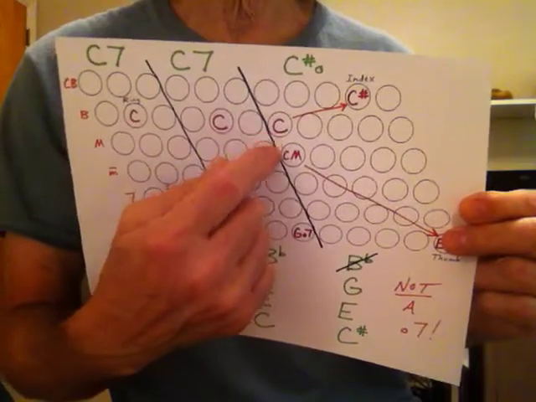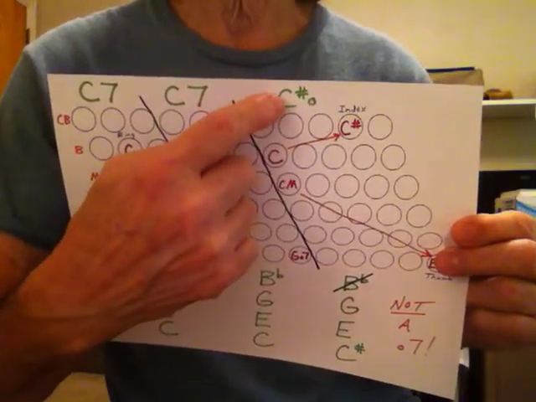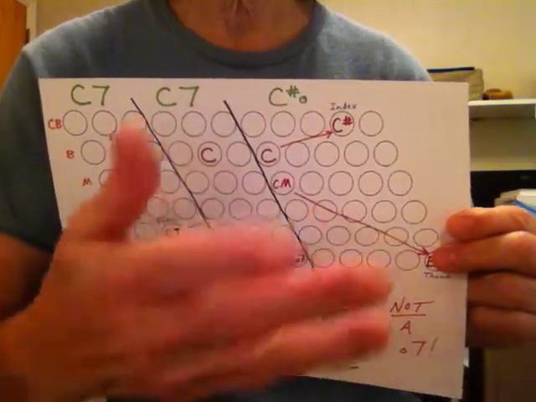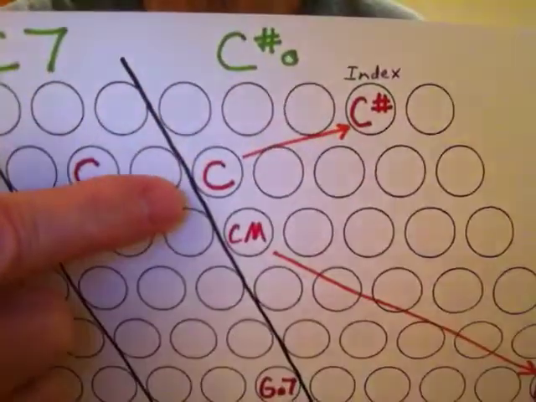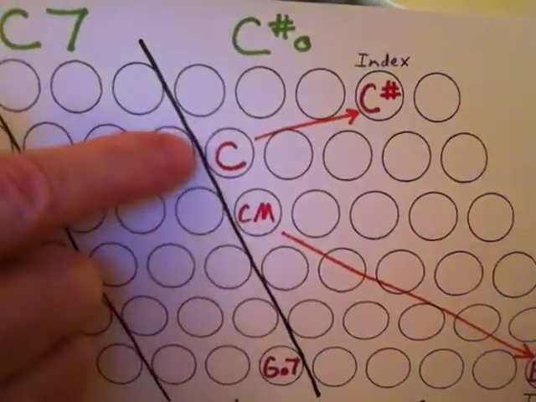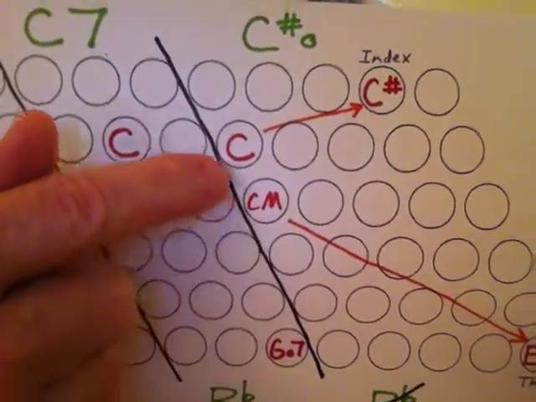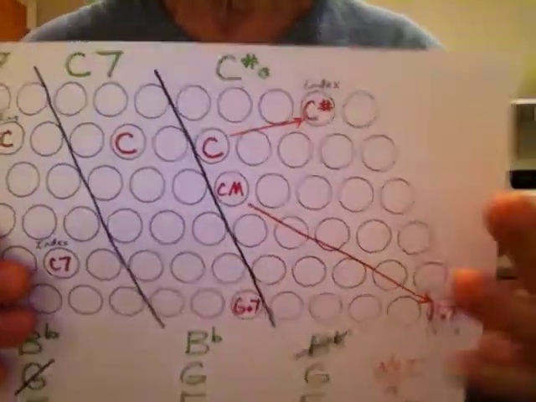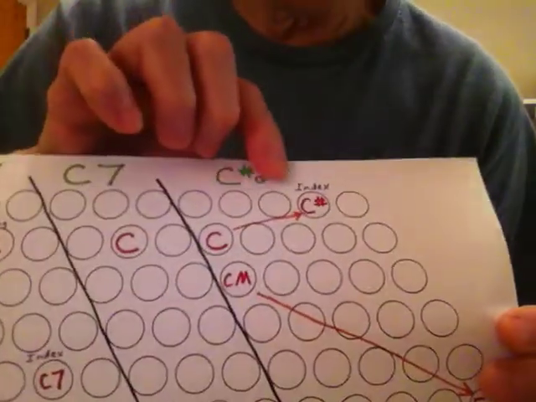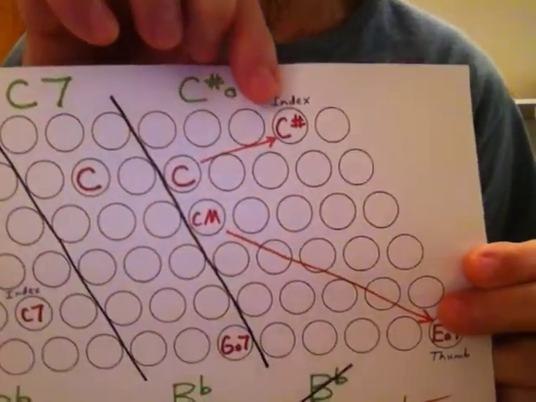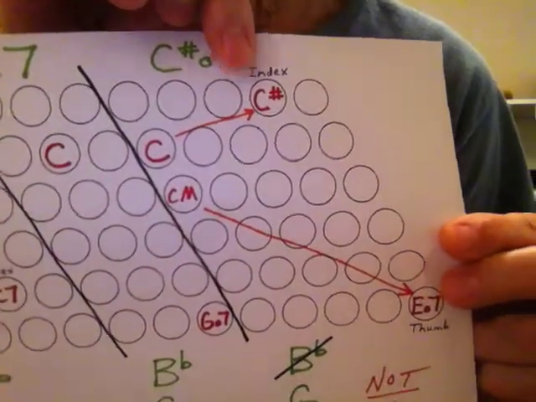Let's say you want to go from C major to C sharp diminished to D minor, G7, and back to C again. Well, the move from C major, all right, C bass, C major chord button, I would do it with my 5-finger way. I would move my finger. I would use the index finger to play the C sharp counter bass button.